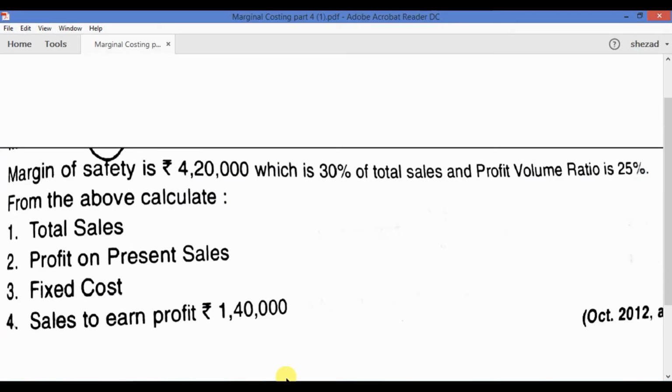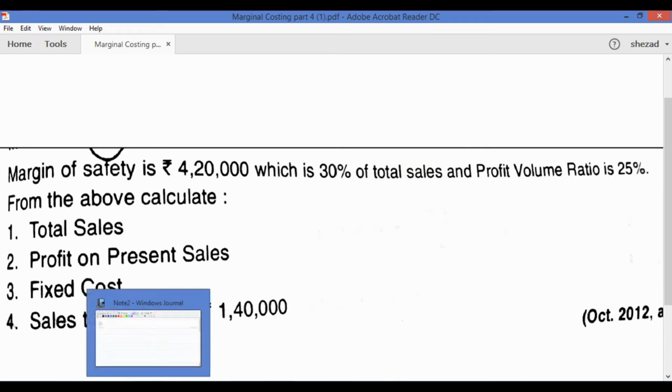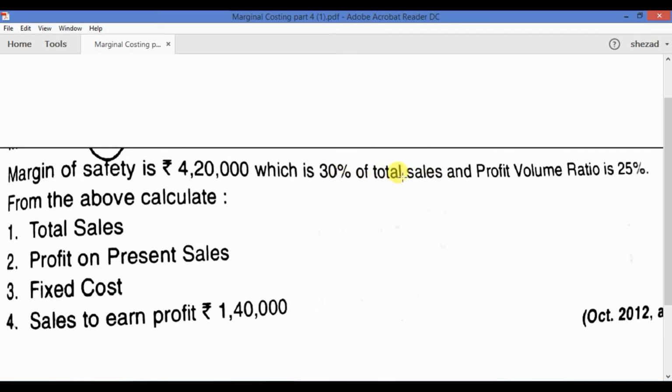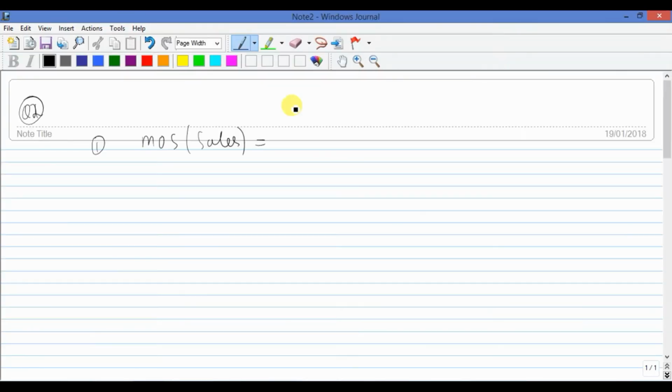So the margin of safety they have given us is 4 lakh 20, which is 30% of the total sales. So what they have given is that the margin of safety sales is 30% of the total sales.